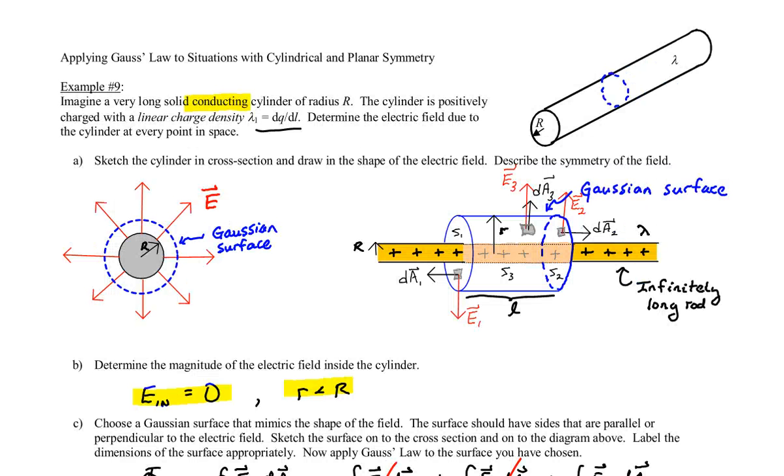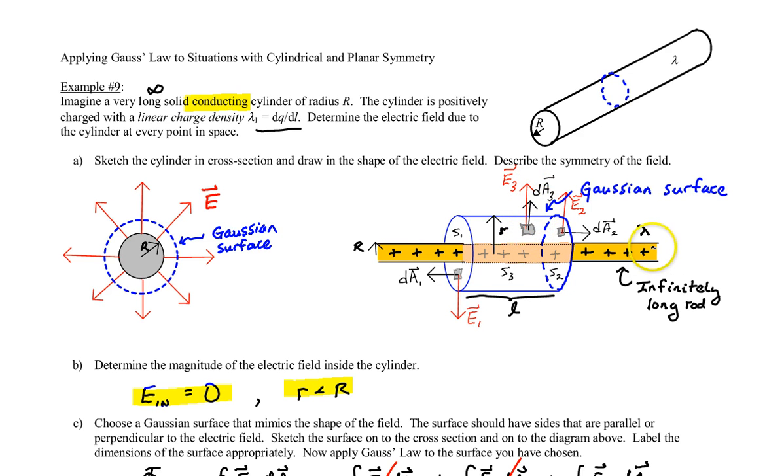And I should mention as one final word with example number 9, we've been assuming that this cylindrical wire is very, very long, essentially infinity. If it weren't very, very long, if it was a finite length, then we wouldn't be able to do this. Because all along for our Gaussian surface, we've been assuming that this electric field is perpendicularly out.